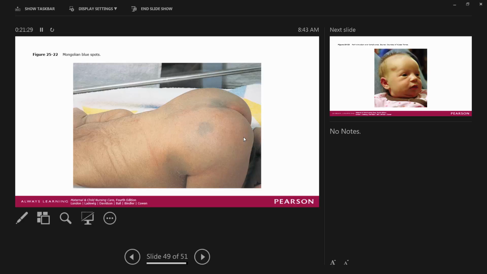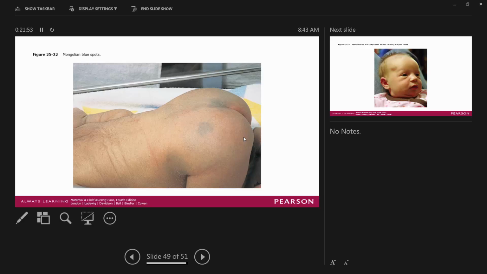One thing you're supposed to look for is tufts of hair, kind of at the sacral area. Is that what you're talking about, or is that just a hairy baby? This is just a hairy baby. This is lanugo over this baby's back. That's where you see the lanugo the most, on the back or the shoulders. But your Hispanic babies tend to have more hair, and they might be term.